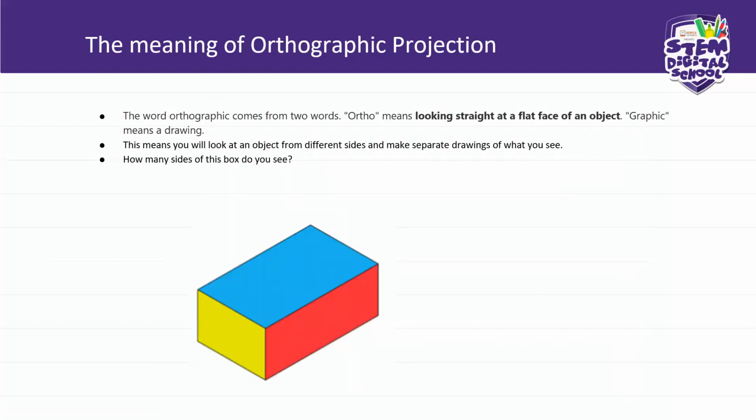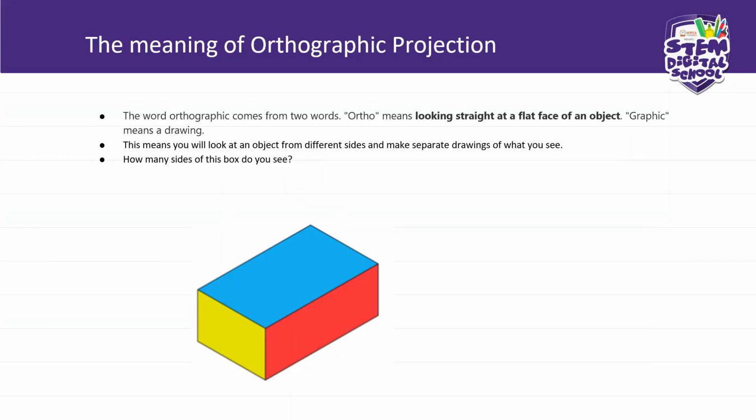Okay, so let's look at the meaning of orthographic projection. The word orthographic comes from 2 words. Ortho, meaning looking straight at a flat face of an object. Graphic means a drawing. This means you will look at an object from different sides and make separate drawings of what you see.